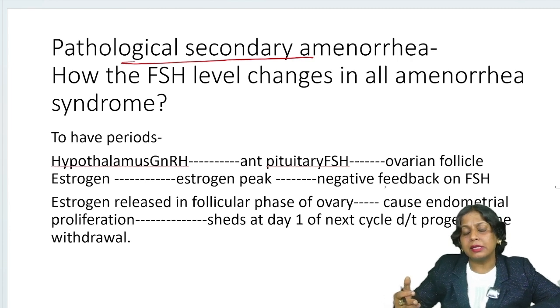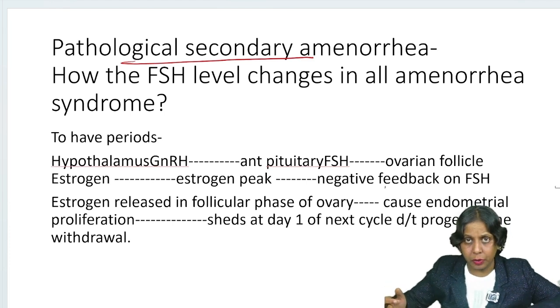First of all, we will see how the periods come and how the FSH level gets affected in all those pathological secondary amenorrhea. The hypothalamus acts on the anterior pituitary, which in turn produces FSH. Follicle stimulating hormone acts on the ovarian follicle and estrogen is produced. This estrogen peaks around day 14 and gives negative feedback to the FSH.